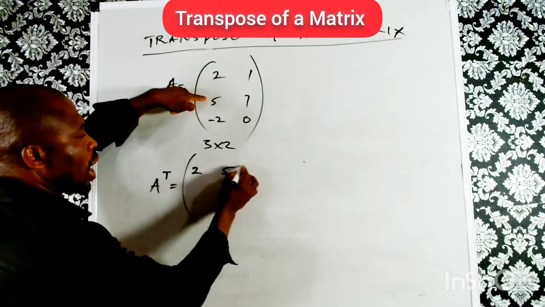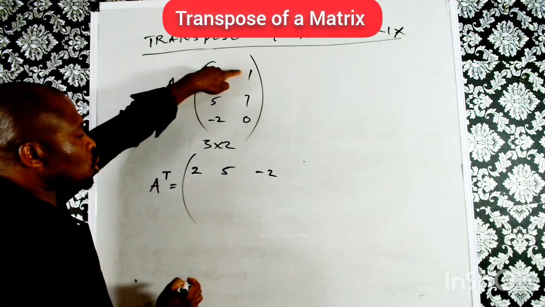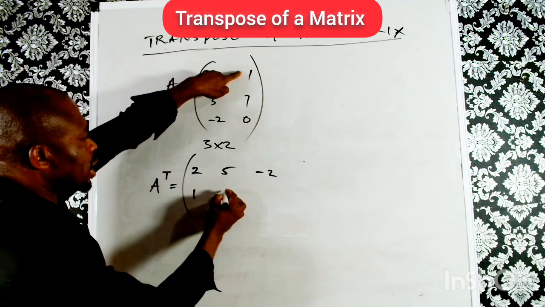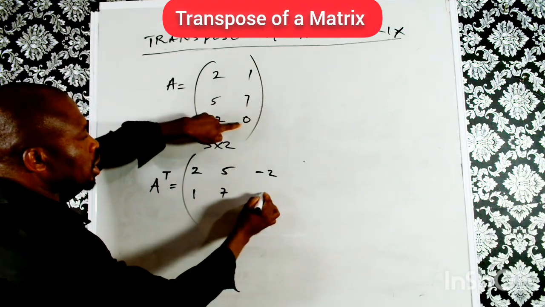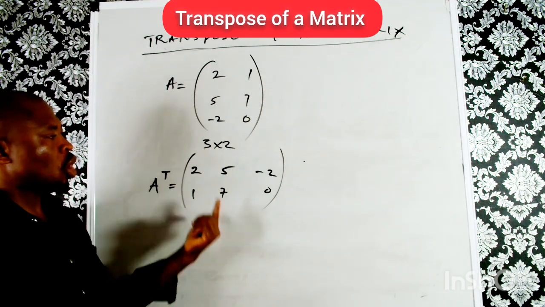The second one will have 5, will have -2. Now we take this one here, which is 1, 7, and 0. Of course, this is the transpose of A.